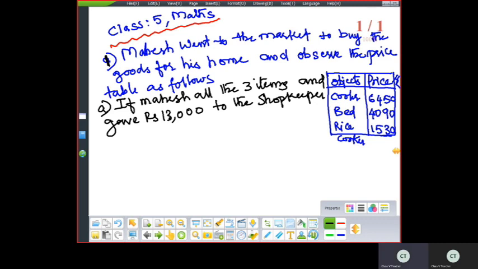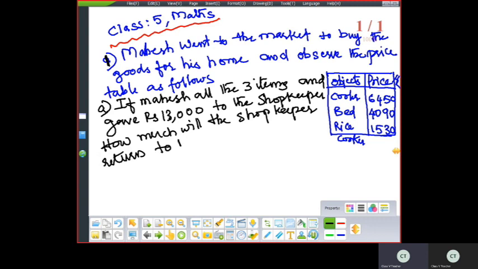How much will the shopkeeper return to Mahesh? So this is our question.